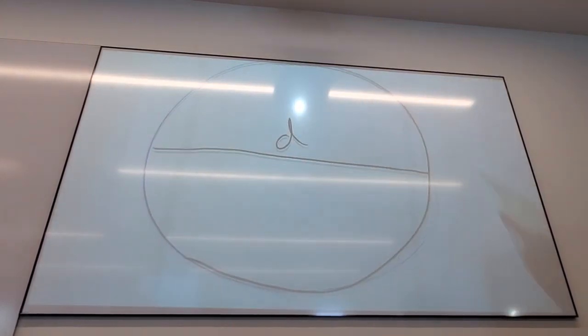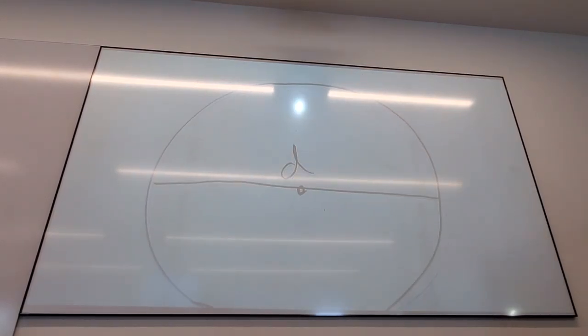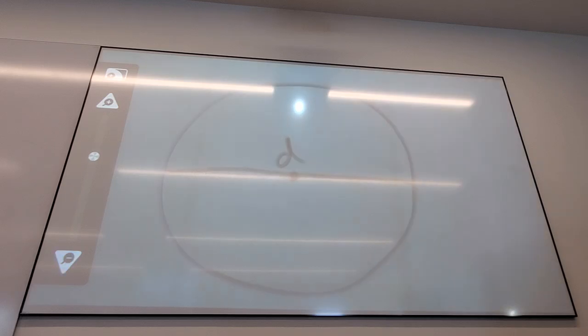All right, so if I have a circle, oh no, if I have a pen that has ink. Okay, I've got a diameter, and I've got a radius. Now, real quick, I'm going to go a little quickly.